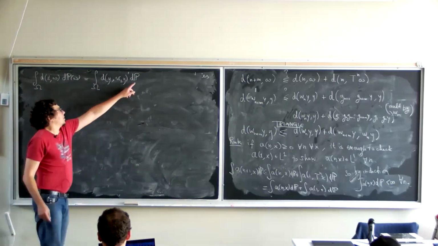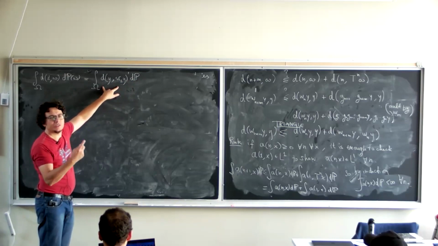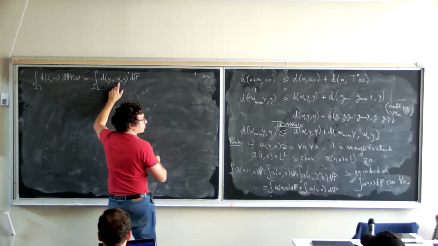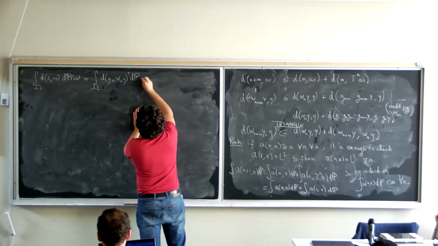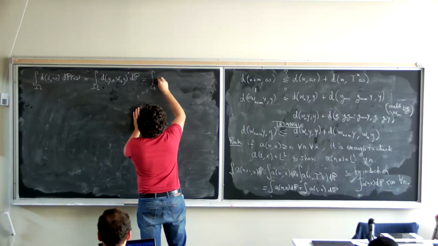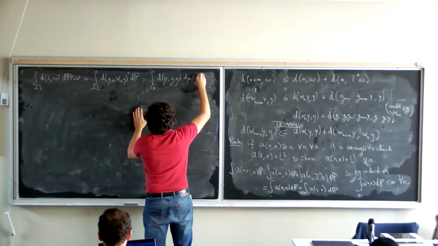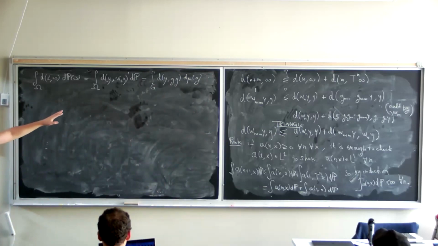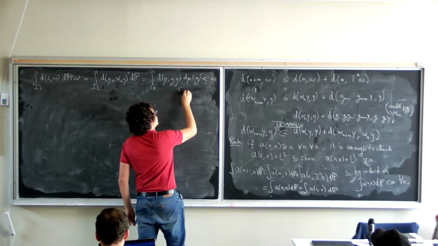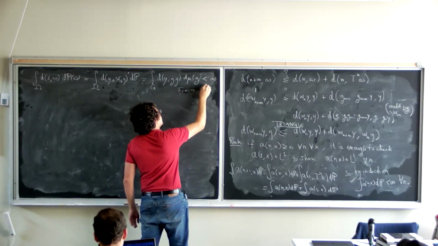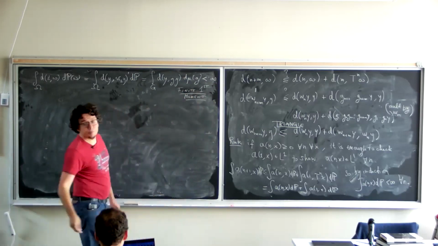So you're integrating with respect to omega, which is an infinite sequence, but this function only depends on the first entry, right? So what's the distribution of the first entry? Well, it's mu by definition. So this is the same as the integral over G of d(gy, y) d mu(g), and this literally is the definition of finite first moment.